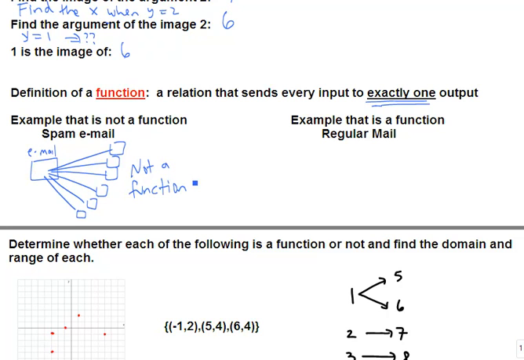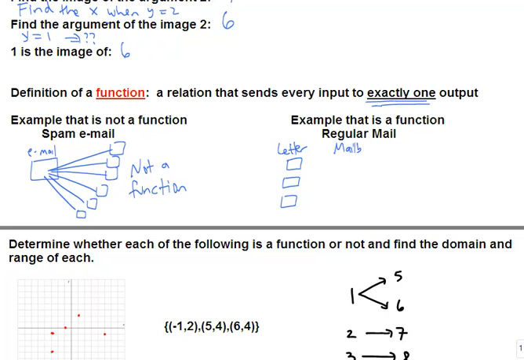Okay? Something that would be a function would be regular mail that you receive from the mailman. The reason this is a function is if you have several letters being delivered, you can't take a letter, rip it in half, and send it to 2 different mailboxes. That's not allowed.